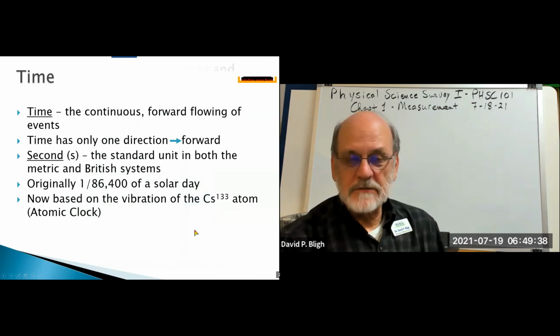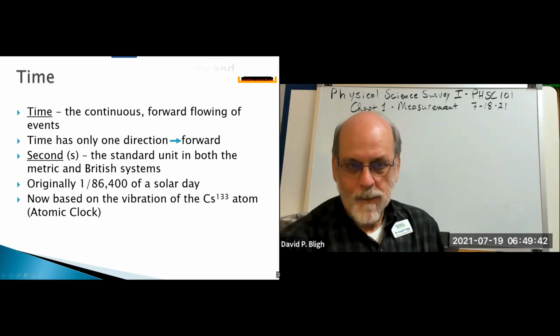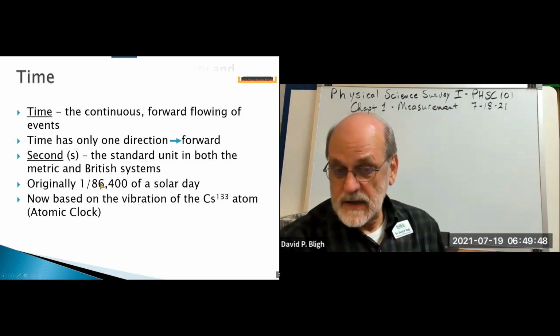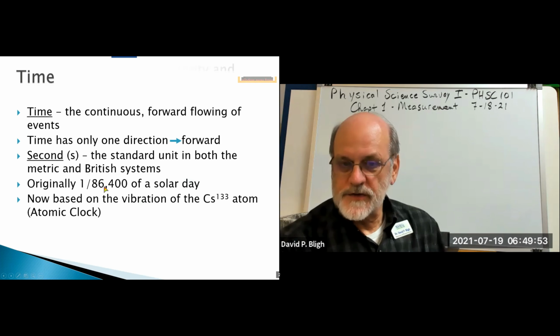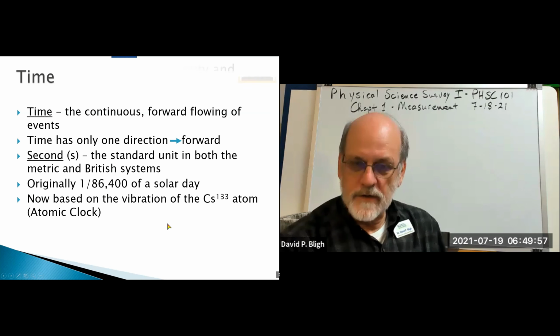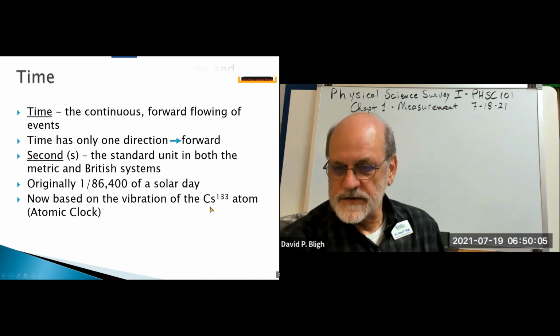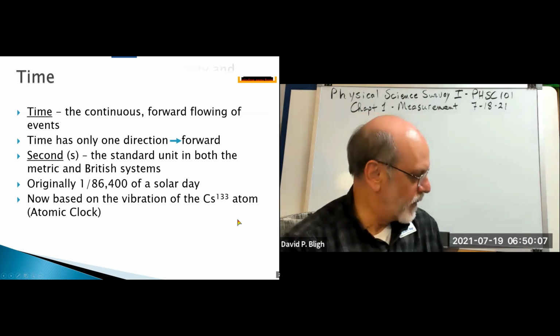The time measurement has been accepted for centuries as the second. Now we measure the second very accurately. Originally, it was this fraction, 86,400ths of a solar day. But now we've standardized it to the point with what's known as an atomic clock. And we use the vibrations of the cesium-133 atom.